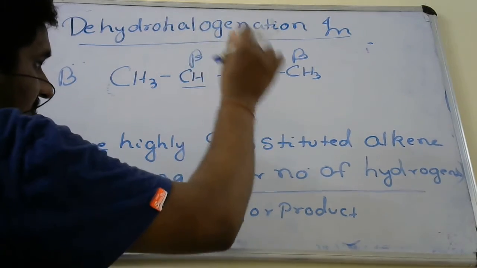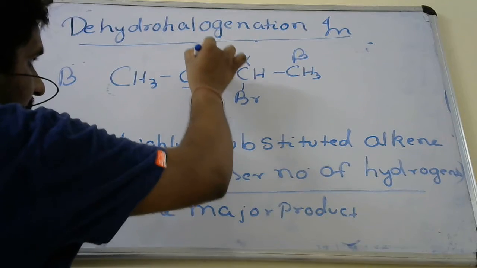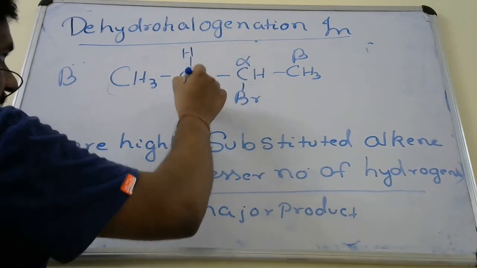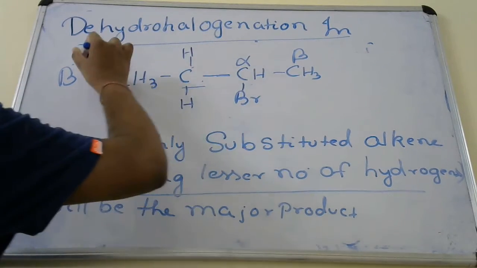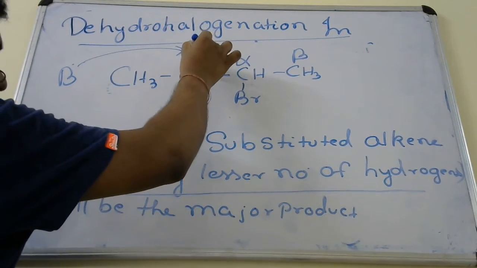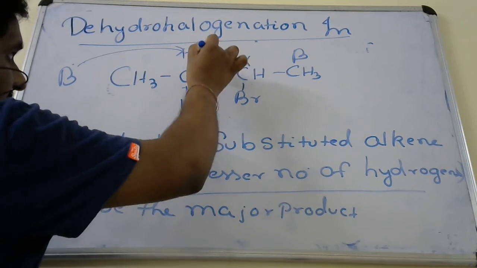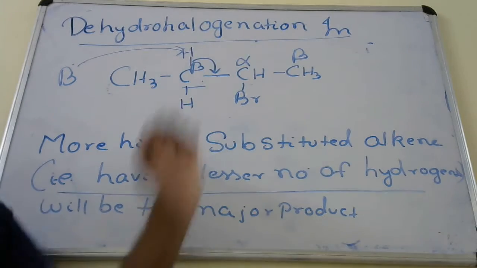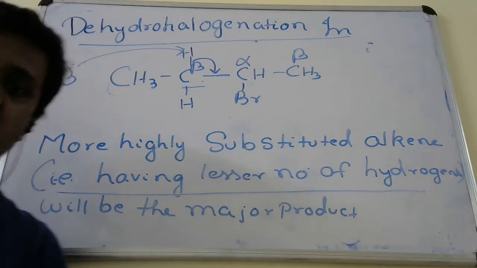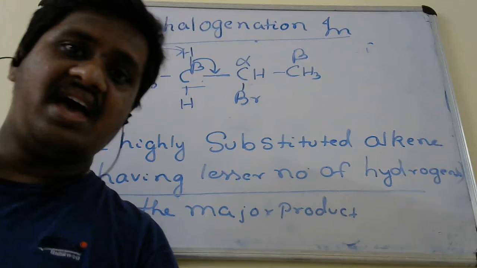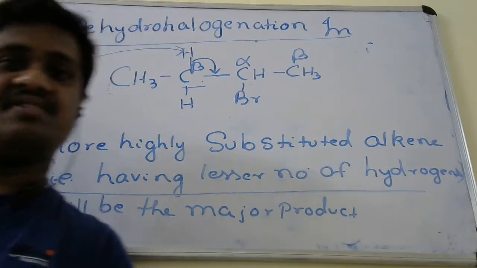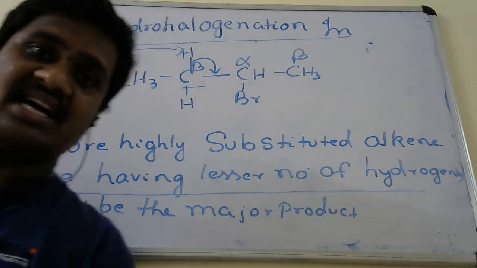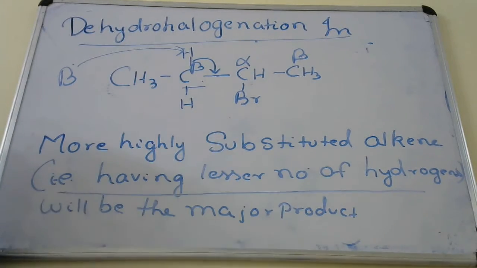So from this beta carbon the hydrogen is eliminated. Let me write down this structure. This hydrogen will be eliminated, and the double bond will come in between alpha and beta carbon. If there are 2 beta carbons, the hydrogen will be eliminated from that beta carbon having a lesser number of hydrogens.